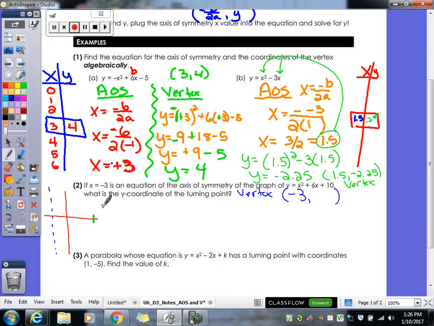So now I'm going to plug my negative 3 in for the letter x. So parentheses negative 3 squared plus 6 times the negative 3 plus 10. All right, what's negative 3 squared? What's negative 3 times negative 3? 9. 9 minus what's 6 times negative 3?